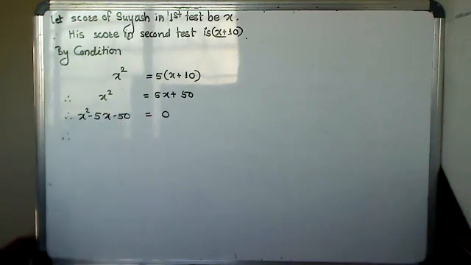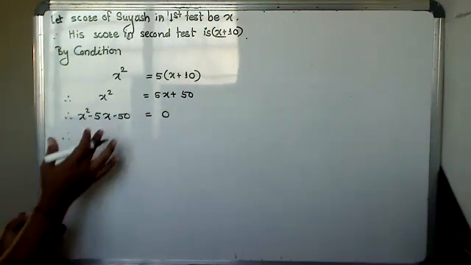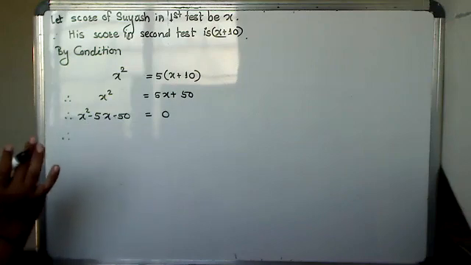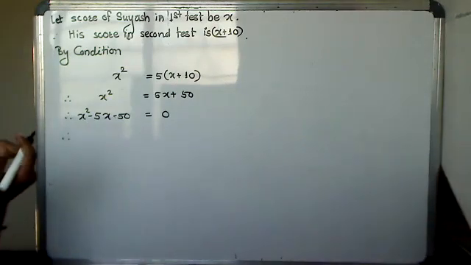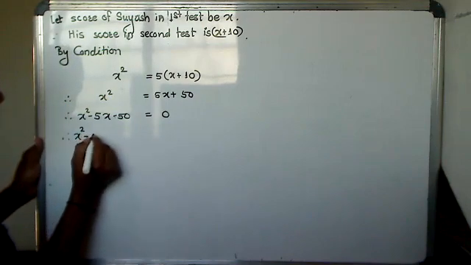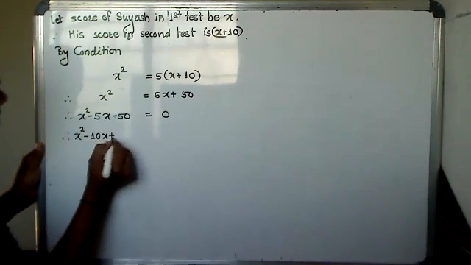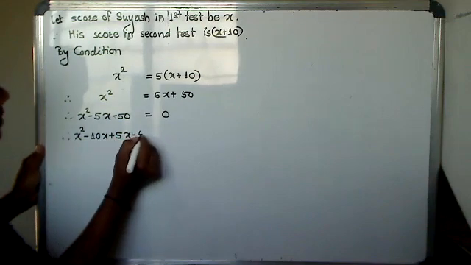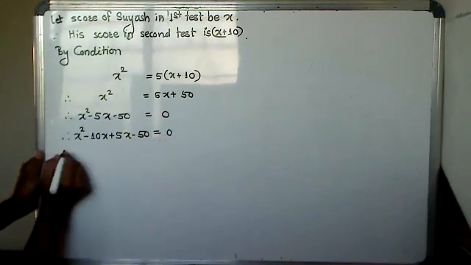So we have to find two factors whose multiplication is 50 and subtraction is 5. So 5 and 10 are the two factors. Now the bigger factor is negative, so 10 is negative and 5 is positive. So x square minus 10x plus 5x minus 50 is equal to 0.